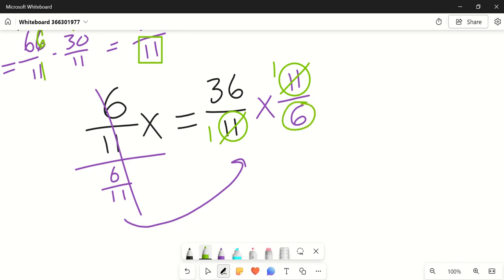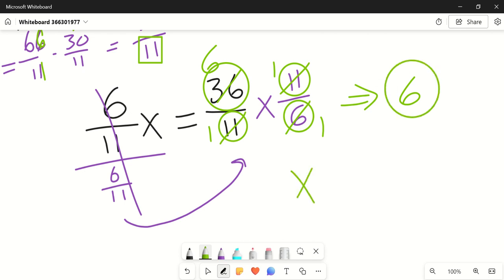So 6 divided by 6 will become 1. And 36 divided by 6, ladies and gentlemen, will become 6. So I've got 6/1 times 1/1. That's just going to be 6. Because remember, 6/1 times 1/1 will still be 6/1. 6/1 is just 6. So x equals 6.